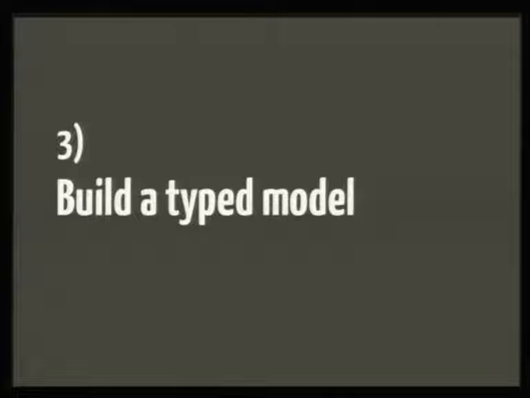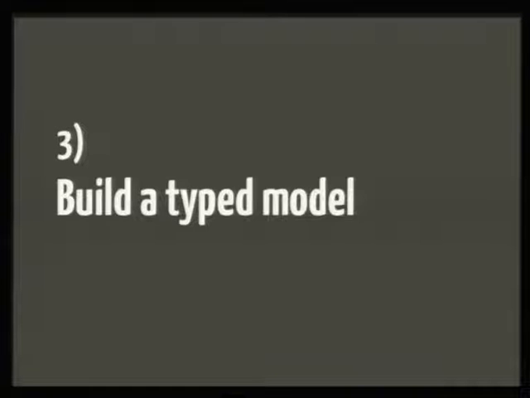Third, build a typed model. As I've shown you, I first collected the information, built a generated class object, and generated the code from this class. In this simple example, it's probably overkill, but in larger annotation processors, this is highly beneficial.